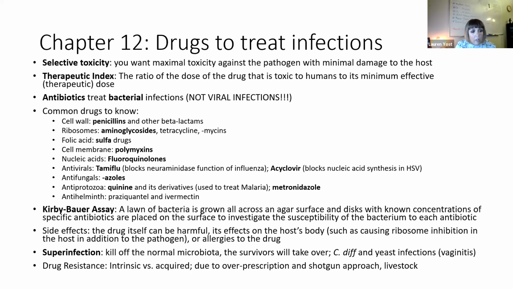Then we have ones that inhibit the cell membrane, or actually tear it apart in a way. It mimics a detergent, and that would be polymyxins. These are actually pretty toxic to your kidneys, so they're not great for taking orally. Just saying, but they are used in Neosporin.